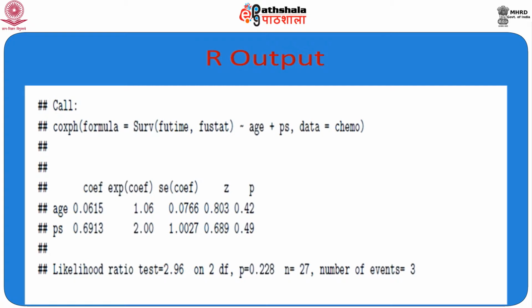However, the likelihood ratio test value is 2.96 with p value 0.228, having total number of individuals 27 and number of events 3. It shows the model is not significantly fitted here.